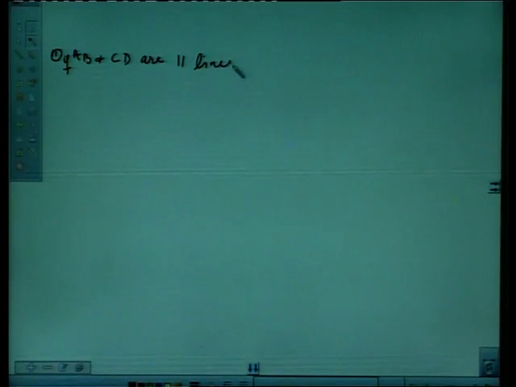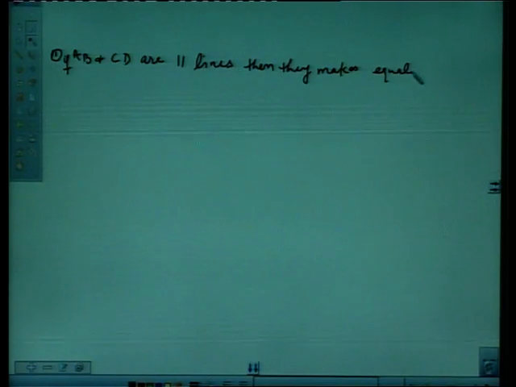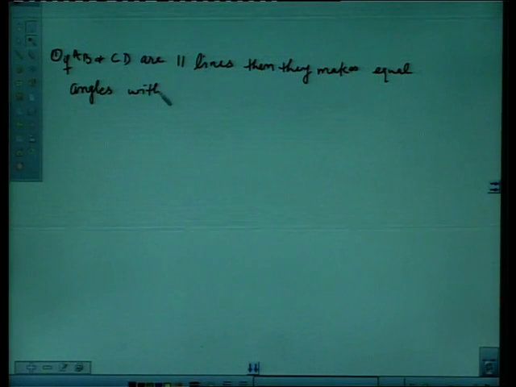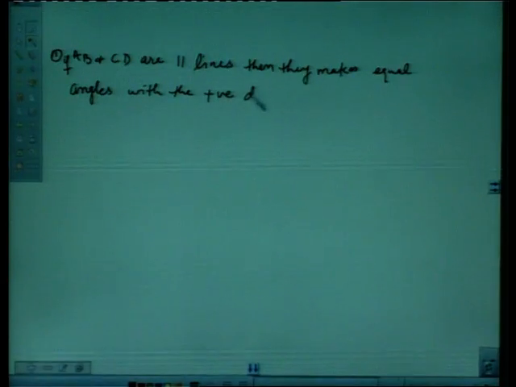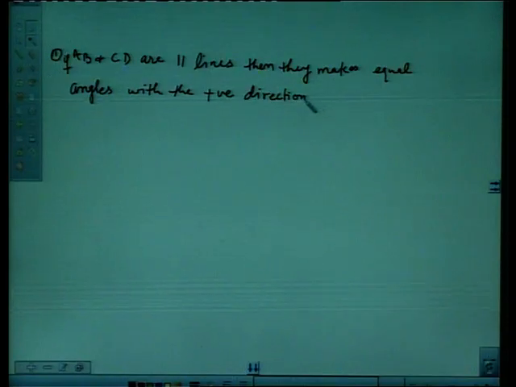If AB and CD are parallel lines, then they make equal angles with the positive direction of x-axis.